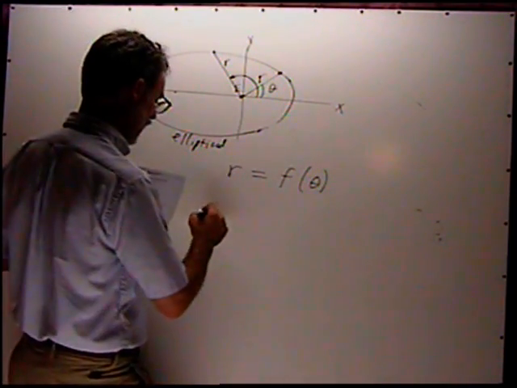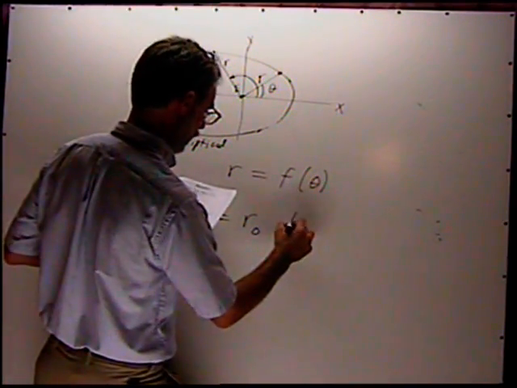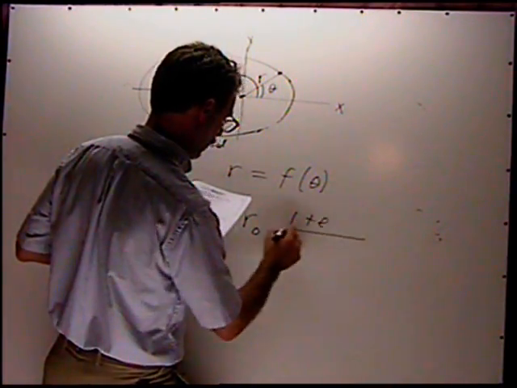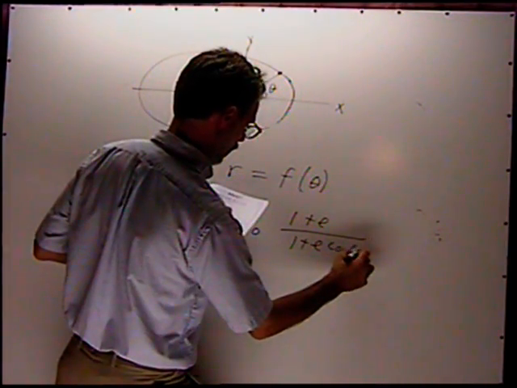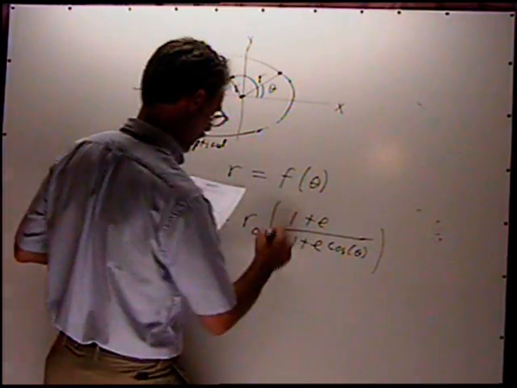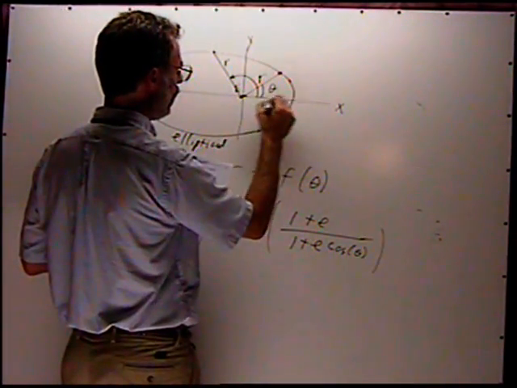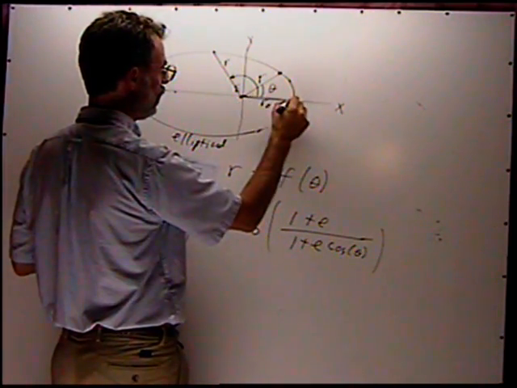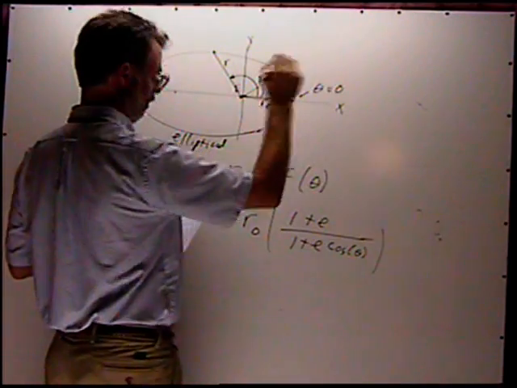So, in this case, the formula is given, where the shortest distance here is called r0, that's the shortest distance at theta equals 0.